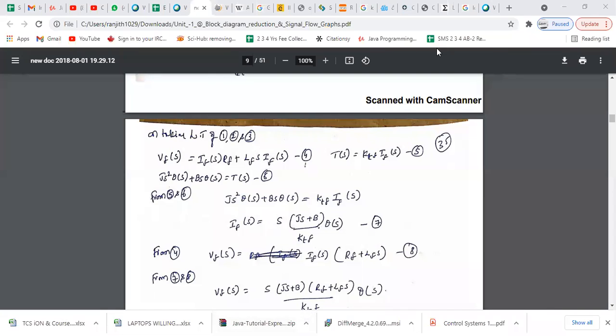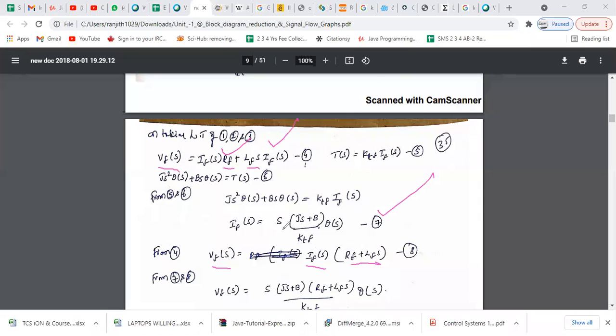Then take IF of S common from these two equations, which becomes VF of S equals RF plus SLF into IF of S. What is IF of S from this equation?